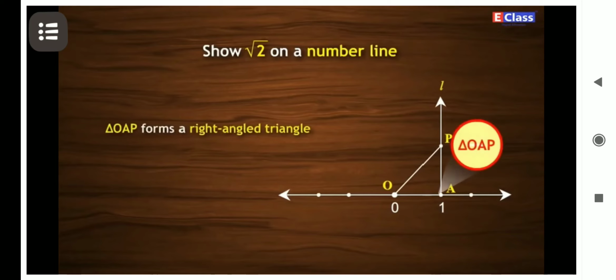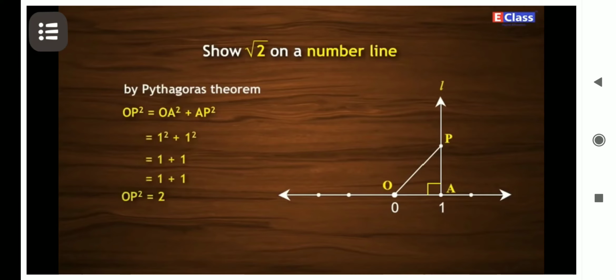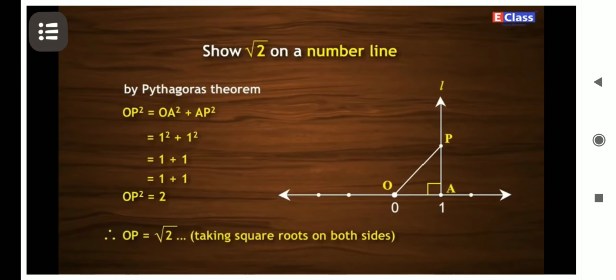The triangle OAP forms a right angle triangle. By Pythagoras theorem, square of OP is equal to square of OA plus square of AP. Square of OP is equal to 2. Taking square roots on both sides, OP is equal to square root of 2.